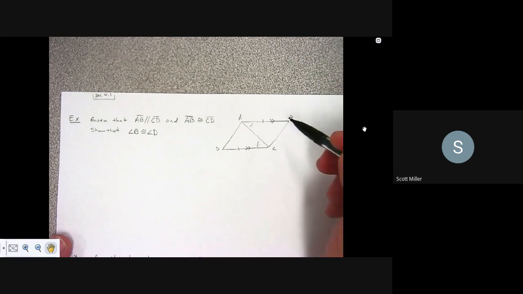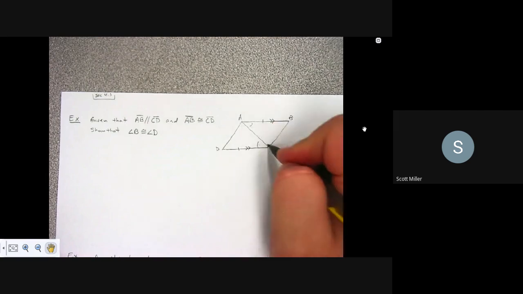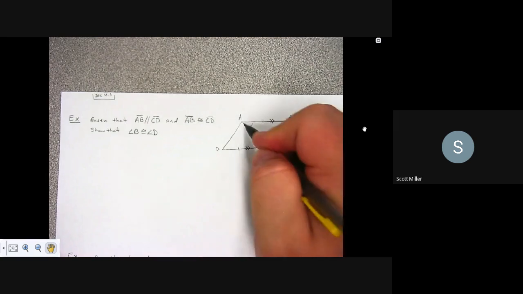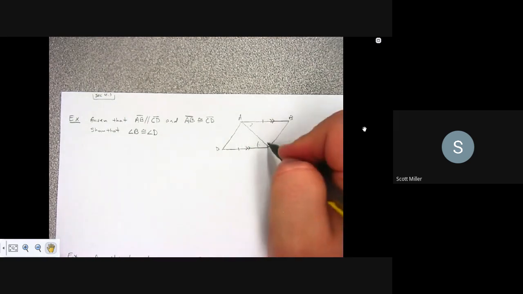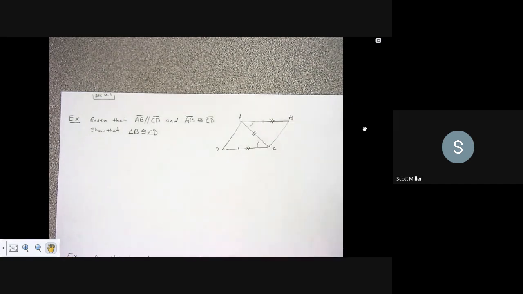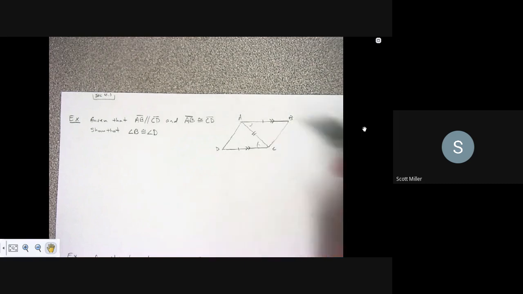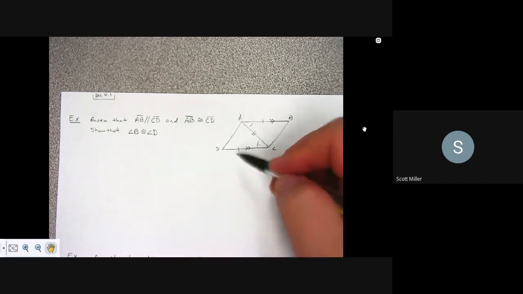Since I have an angle, I'm going to see if I can get another side. Well, in both triangles, they share this side. Since this is a shared side, obviously, it has to be congruent to itself. So I can say that this side is congruent in both of the triangles. And what I have then is a side angle side relationship. And so the two triangles will indeed be congruent.